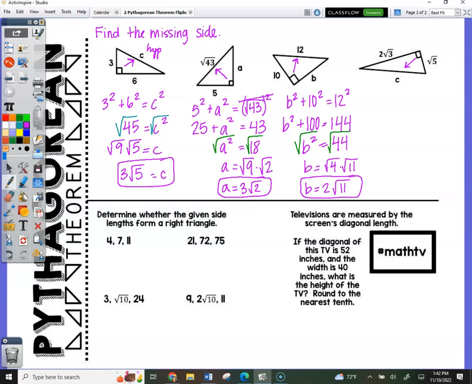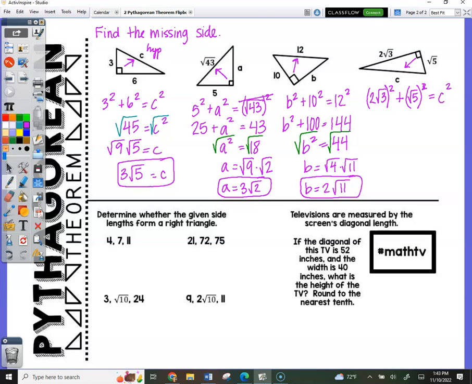Don't panic. Set it up. So you've got, now it's going to get crowded. You've got 2 square root 3 squared plus square root 5 squared, squared equals C squared.